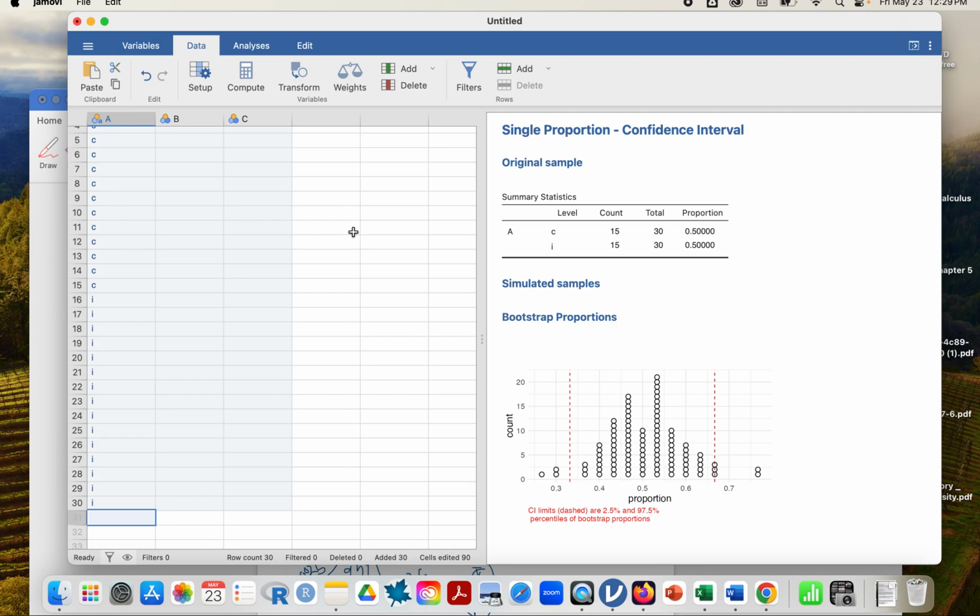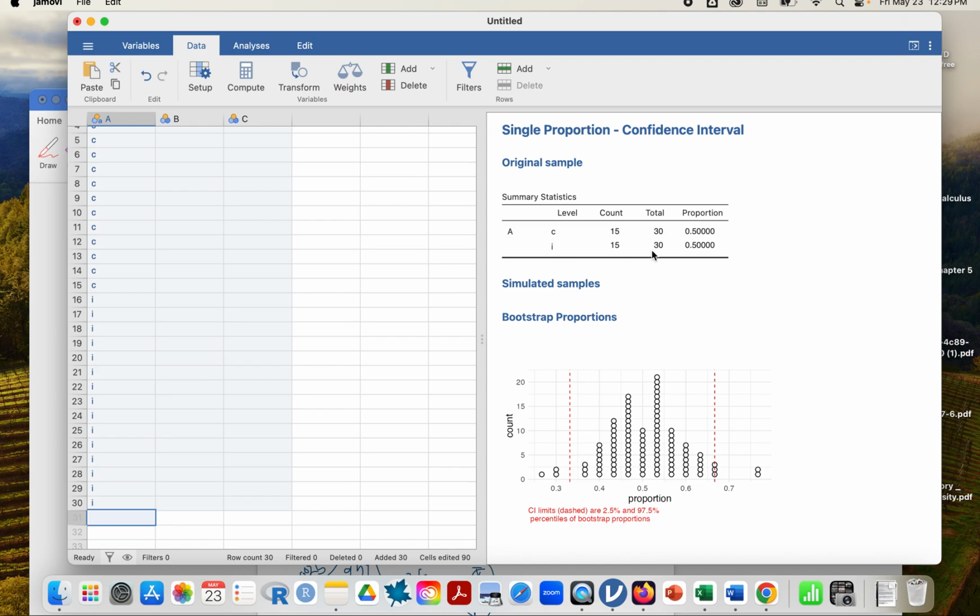Every time we pull out a correct, it writes down correct and pops it back in. Every time it pulls out an incorrect, it writes it down and pops it back in. Then we get the proportion of corrects and the proportion of incorrects. It's not perfect. It won't be 0.5 each time. In fact, we have things like 0.525 and 0.55.